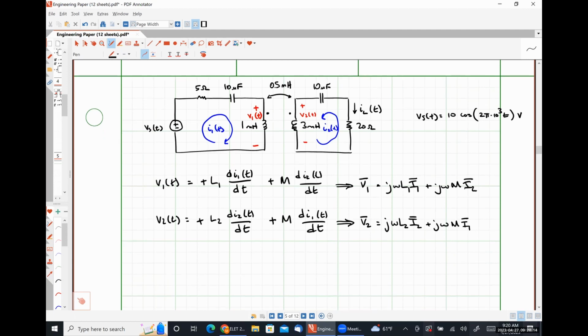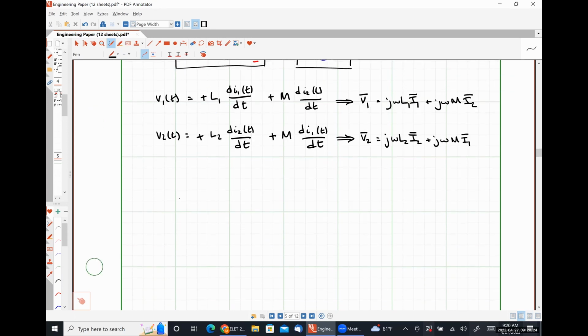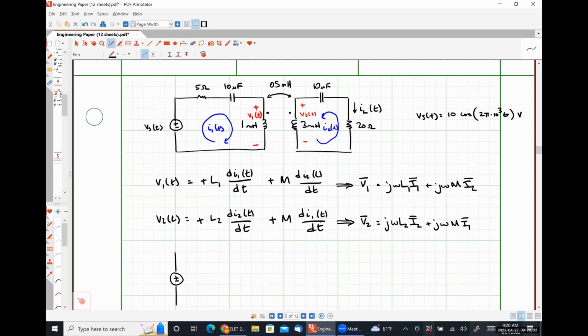So now let's talk about what this circuit looks like in the frequency domain. My voltage source is going to look like a phasor voltage now. So what's that phasor voltage going to be? How do I convert this from the time domain to the frequency domain? I understand it's been a couple of weeks, but I feel like we should be able to do it.